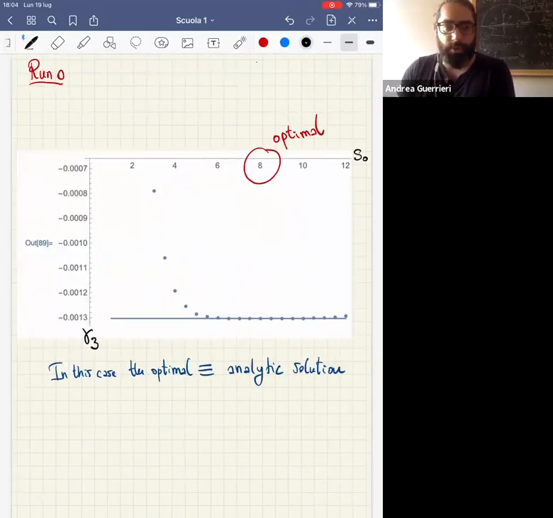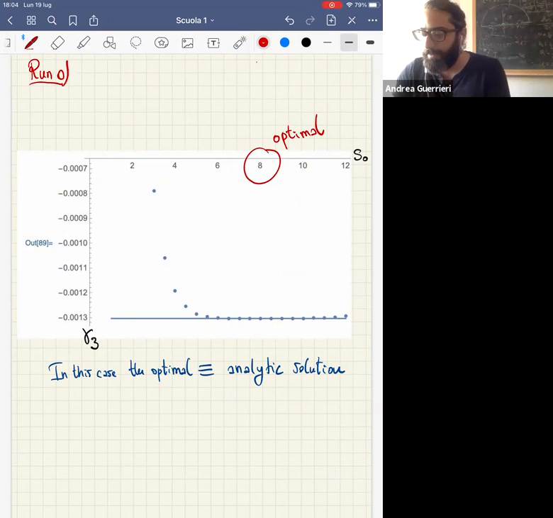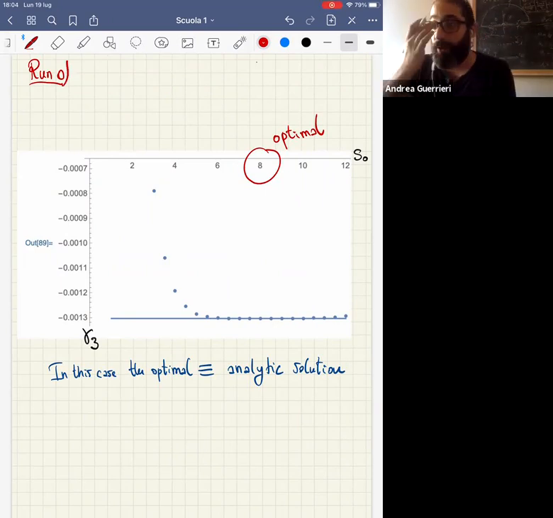Now, let me show you some very simple numerical results. This is taken from a run 0 that I performed already for you, that you can load from the folder. In the first run, it is convenient to tune the value of S0.